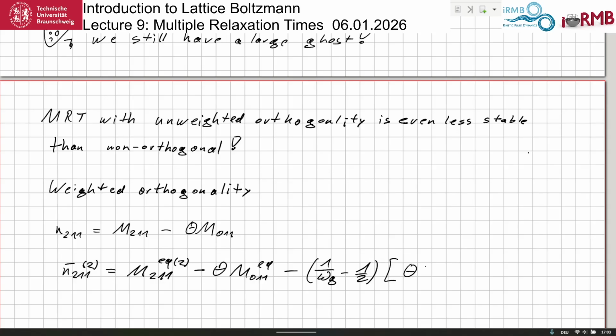So now I get theta square rho to 0 order minus theta square again, rho to 0 order, because here I had theta square in this, and here I have theta in it.